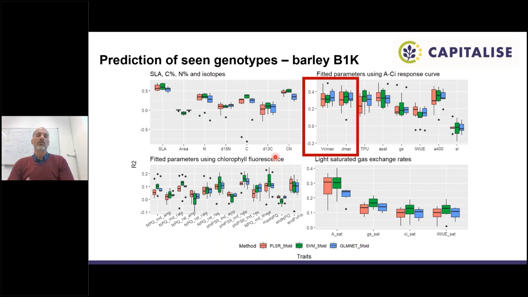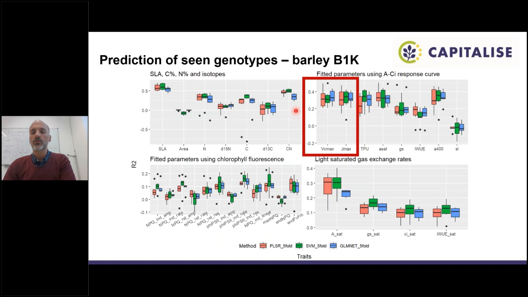And if we now go a little bit deeper into these results, we will quickly recognize that the best predicted trait is specific leaf area, and that this is matched by the carbon to nitrogen ratio, followed by the nitrogen percentage and carbon percentage. All of the others are more or less hovering at 0.